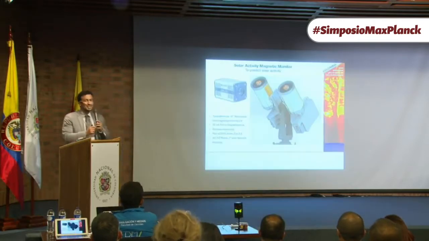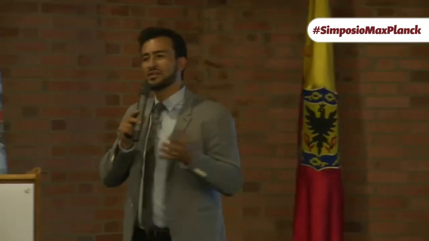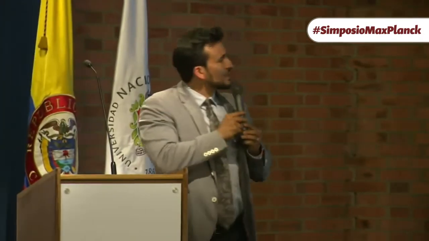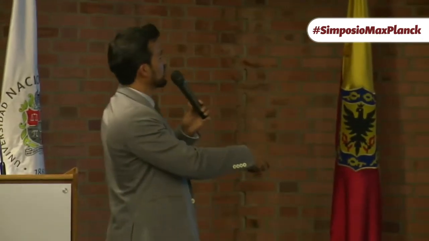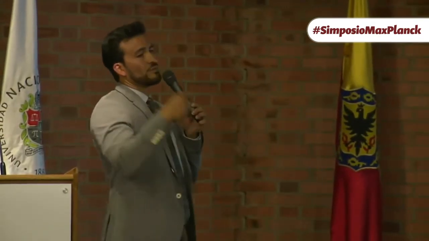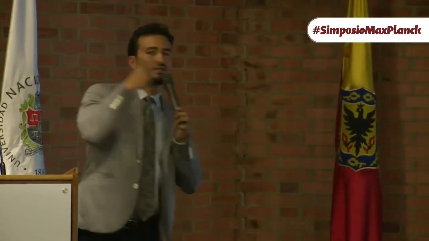But also, last but not least, we have in Colombia the idea of having a solar telescope, not the best one because we don't have a very nice sky. We only have in Bogota like 30 clear days in the year, but still we have some chances to observe for 1 or 2 hours, and this is a project we are working on with people from Germany, but also England and the US.